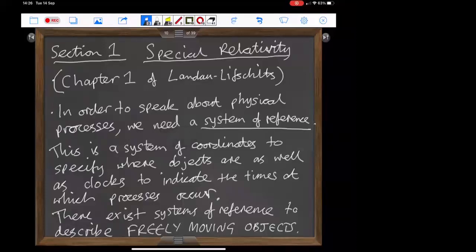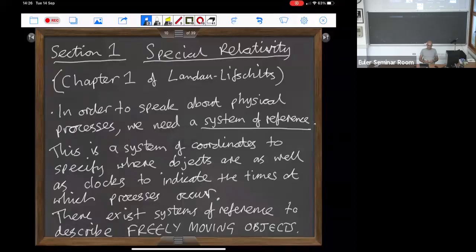So let's start then with special relativity. What we're going to do today is essentially derive Einstein's theory of special relativity and its mathematical consequences, essentially following Einstein's logic, but there's a beautiful presentation of it in Landau and Lifshitz.